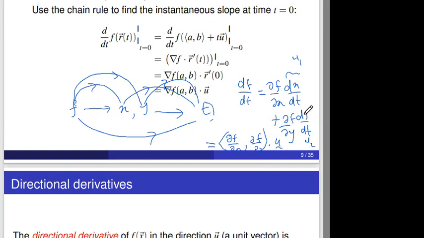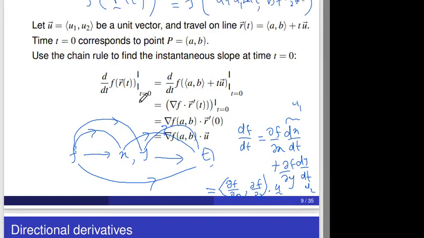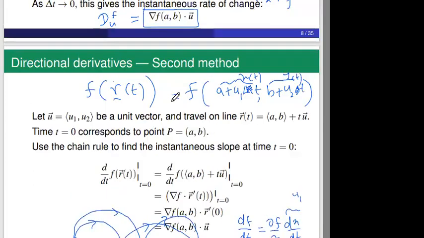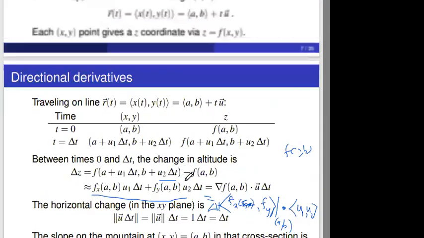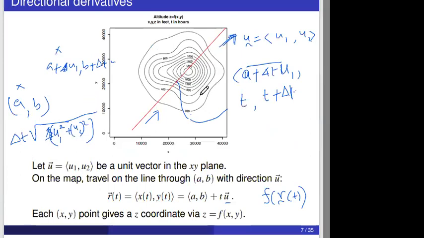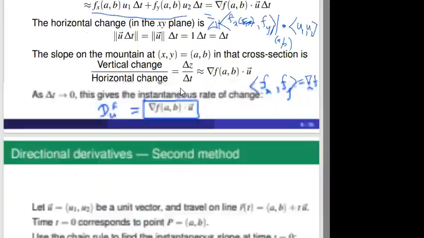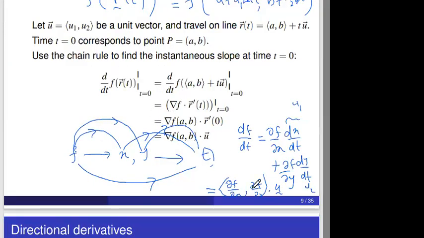These are the components of vector u, evaluated at time t equals 0, because we want to find the tangent at p. That's why we put 0 here, evaluated at t equals 0.